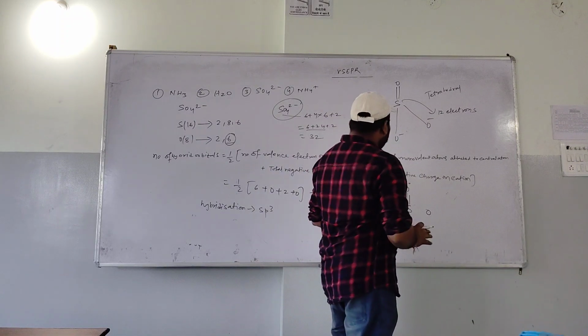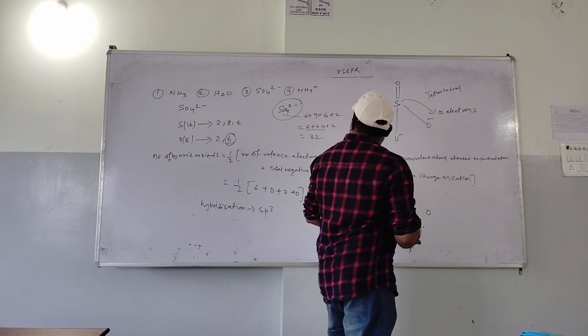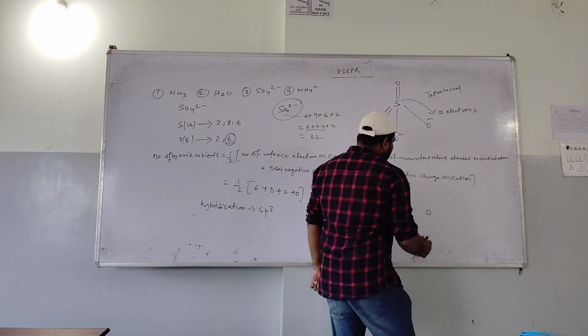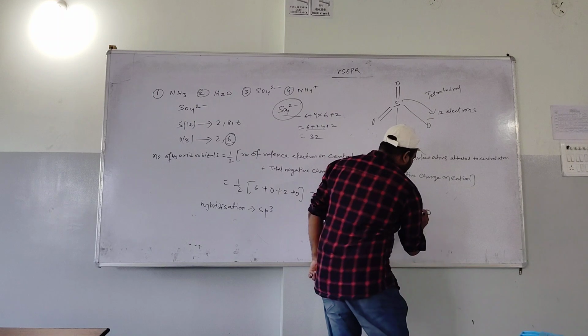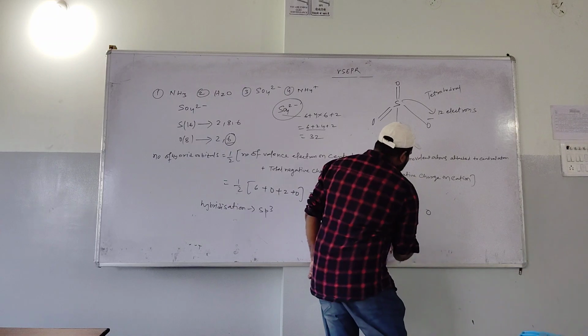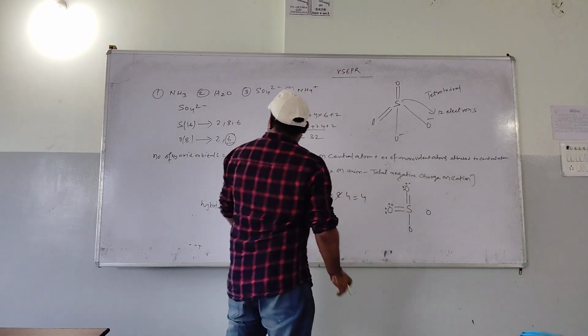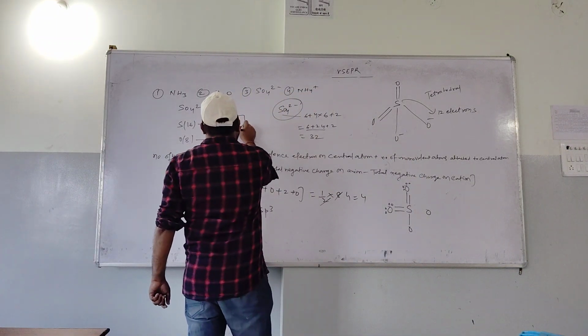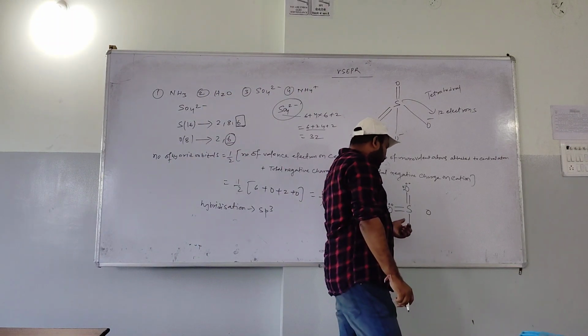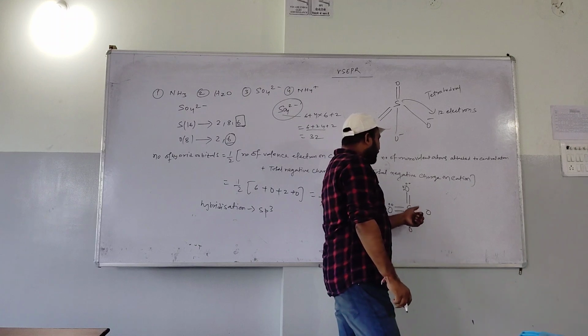Now we have to consume 16 more electrons. Okay, see, sulfur has 6 electrons in its outer orbit, so its maximum covalency is 6, means sulfur can make 6 bonds.